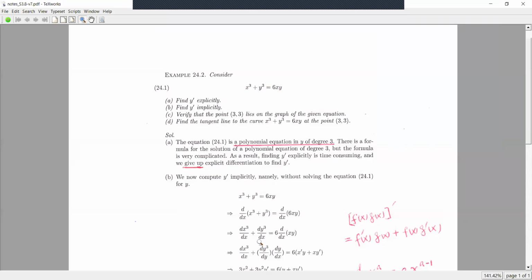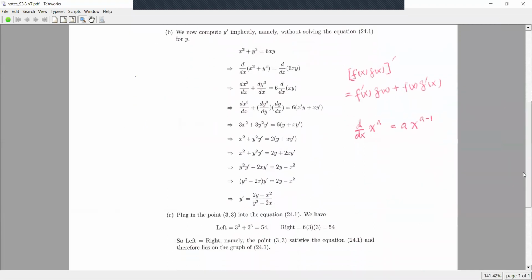To compute this derivative, the derivative of y to the third with respect to x, we need the chain rule. By the chain rule, this derivative is equal to the product of these two derivatives.